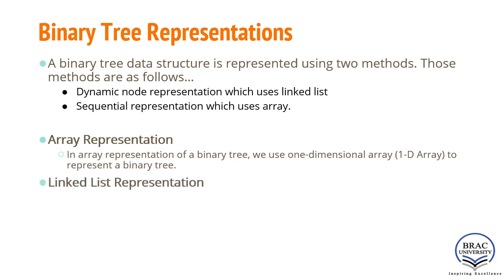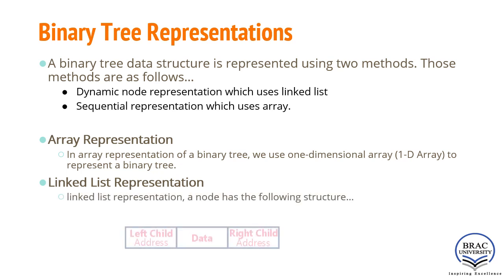For linked list representation, a node has the following structure, that is data, that is node value, then one field for left child address and another field for right child address. So for writing a code, there will be three attributes of a class.